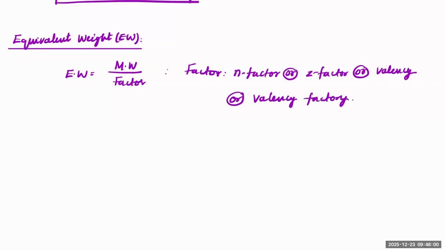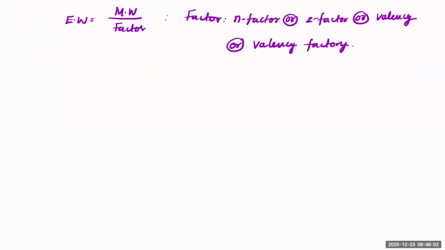So many different terminologies are used to express that factor. Now we use these terms based on different substances and their nature. For example, if I use the word factor here, I need to first distinguish the substances which we are studying.